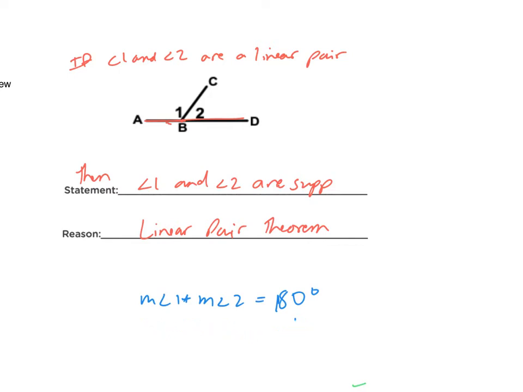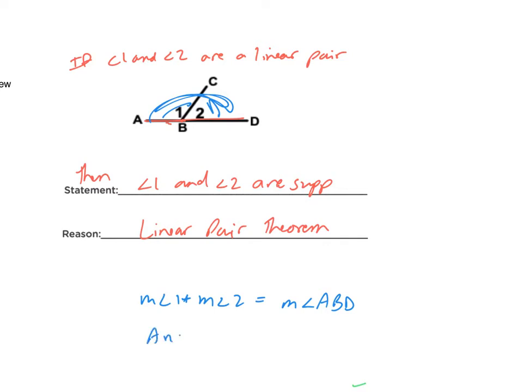Here's what we could do, though. We could say the measure of angle 1 plus the measure of angle 2 is equal to the measure of angle ABD. Now I'm not using a specific thing. I'm not using 180 degrees. I'm just saying, hey, this angle plus this other angle adds up to the whole thing. And we're always allowed to do that because that's always true for any two angles that are adjacent and make a larger angle.